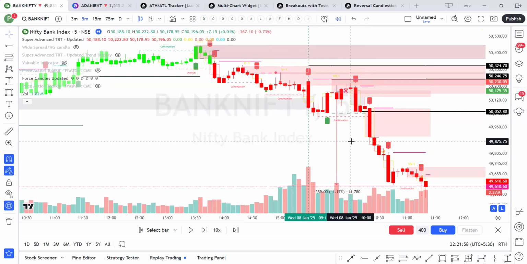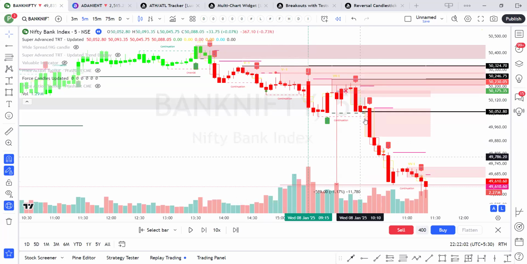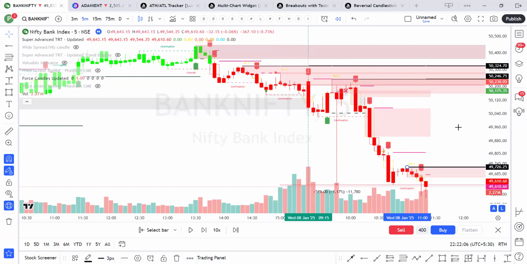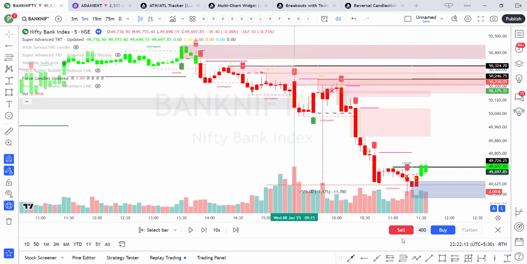So Ketan sir told that he has shorted today morning. I just want to know at what time he has shorted. Sir, I shorted immediately at around 10:30, after 10 o'clock, and then I came out also.